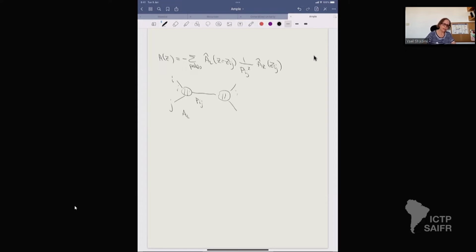This was our A_L, this was our A_R, and everything is hatted because these are the shifted variables. With this expression, we can calculate any amplitude recursively using the lower point amplitudes.